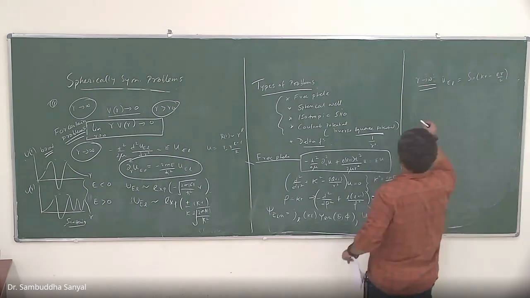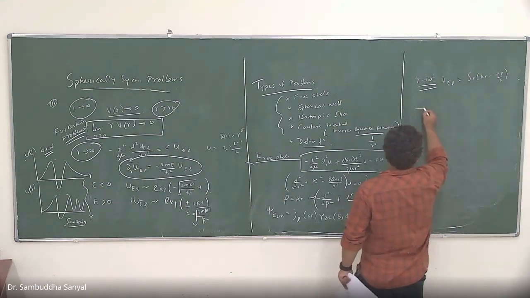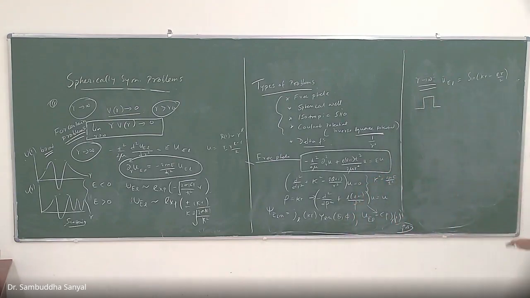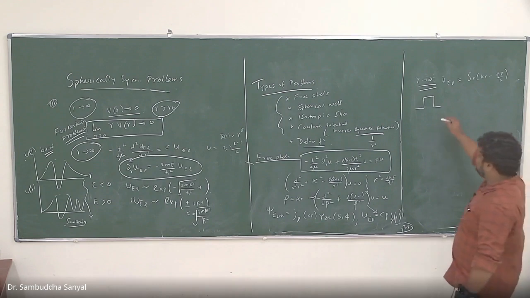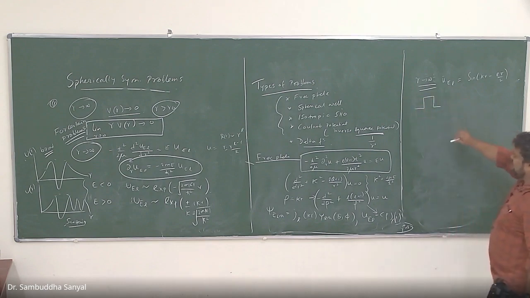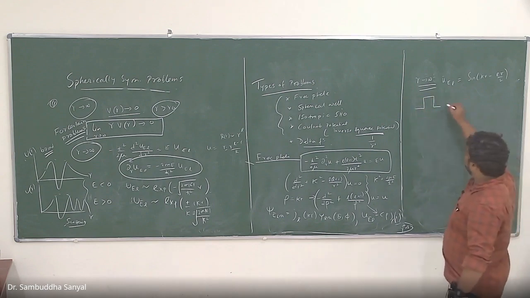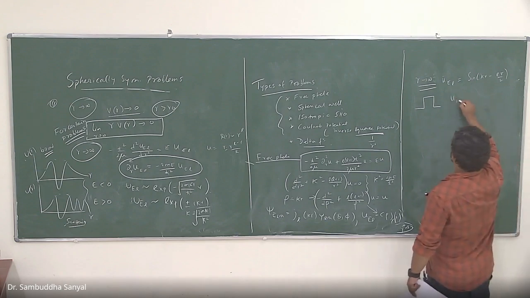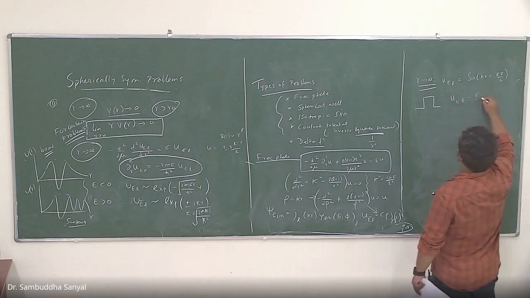Now, the interesting thing is, it turns out you can show that if there is a finite well somewhere in the middle of the solution space, and you want to calculate the r going to infinity limit, then it looks like this.